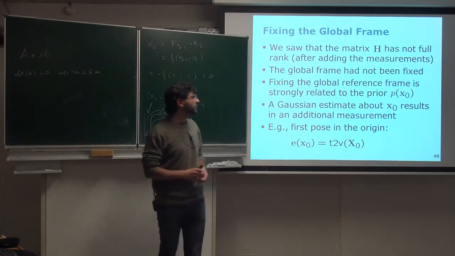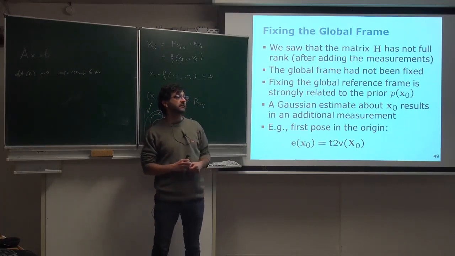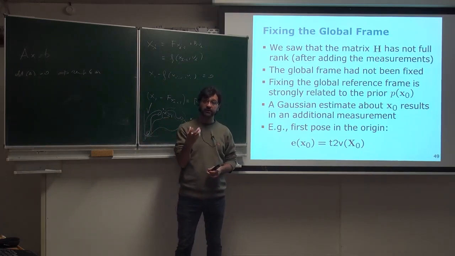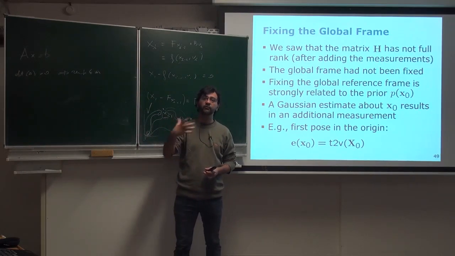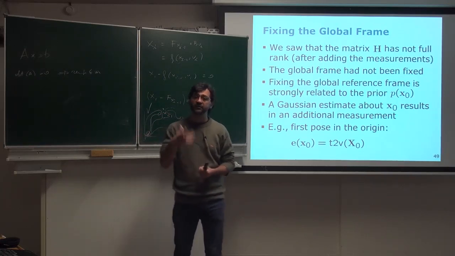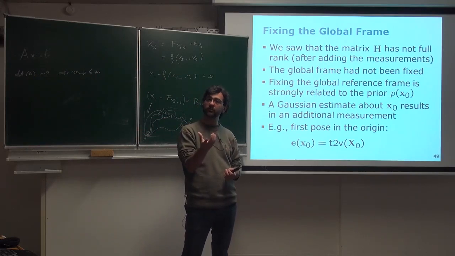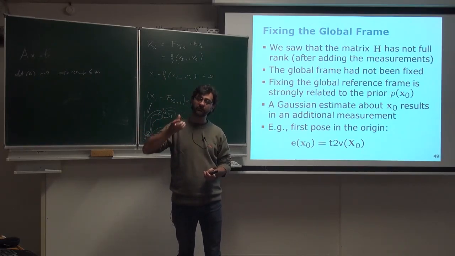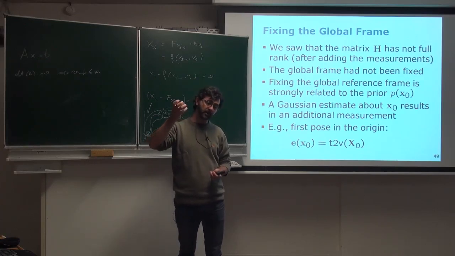Okay? Another way of addressing it is if you have sensors that are actually able to measure the global pose of the robot at different points in time. One sensor can be, for instance, a GPS measurement if you're outdoors with your robot. GPS is able to measure the location of something globally on the Earth.